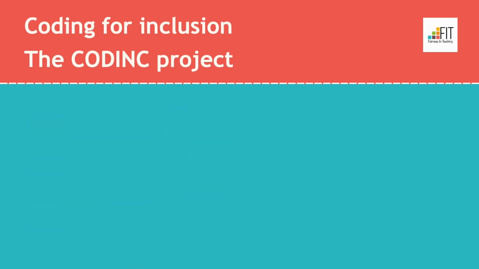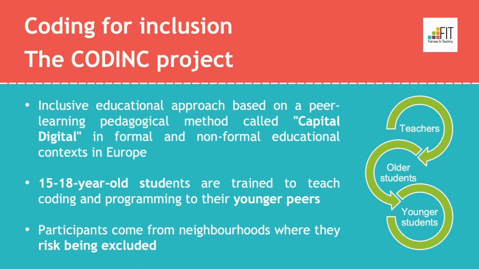Another example of materials you can find on the platform is the Coding project tools. The Coding for Inclusion project, Coding Erasmus+, aims to foster STEAM education among disadvantaged youth, using an inclusive educational approach. This approach is based on a peer learning pedagogical method called Capital Digital in formal and non-formal educational contexts in Europe.